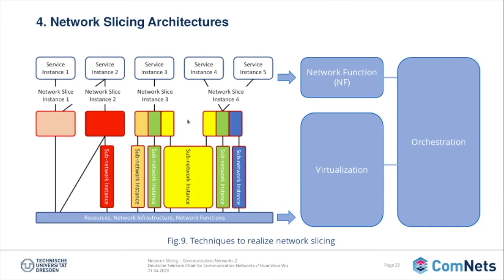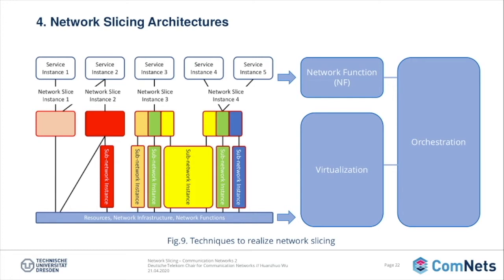So after having the network function and the virtualized network resource, we have to think about how to make them connected. In this case, we need the third technique, orchestration.